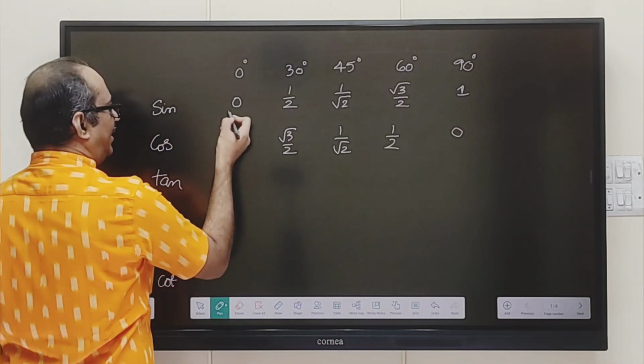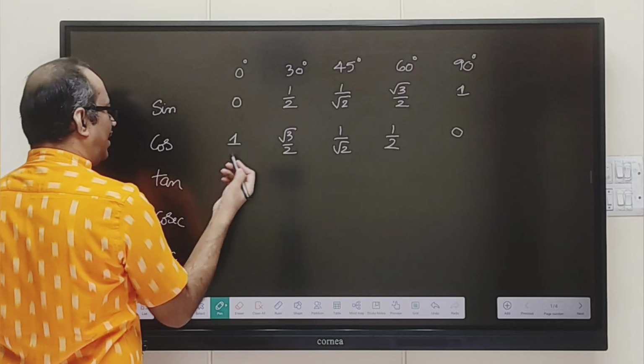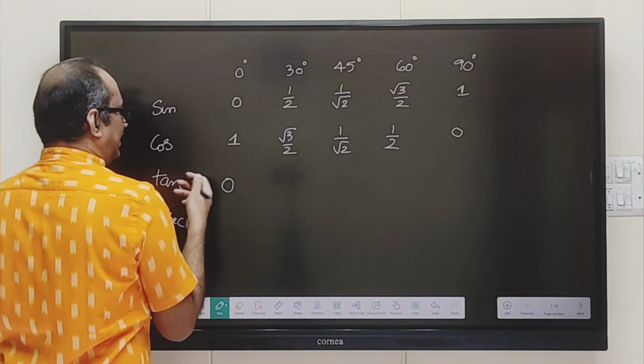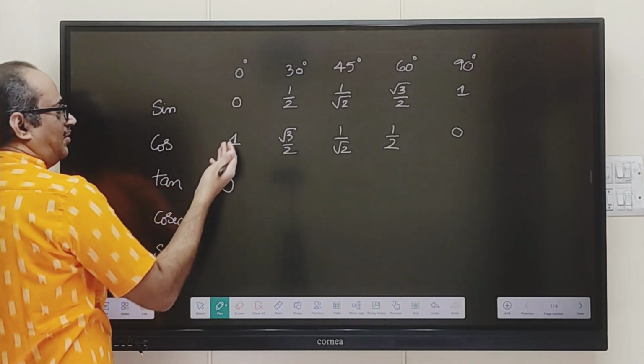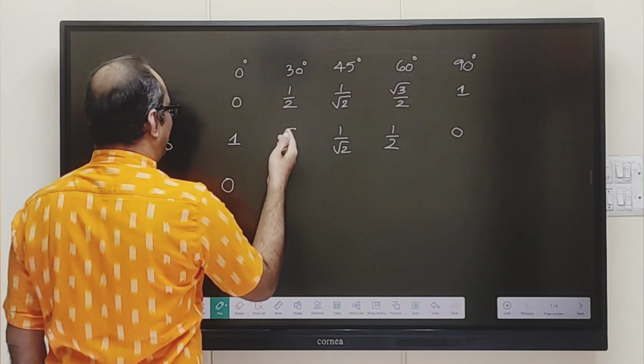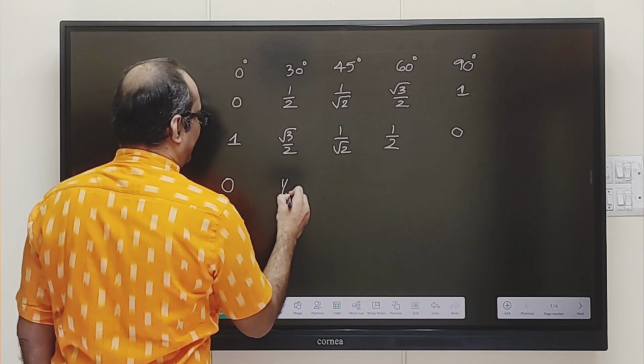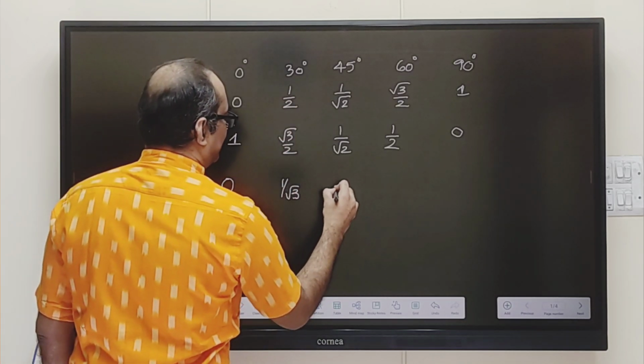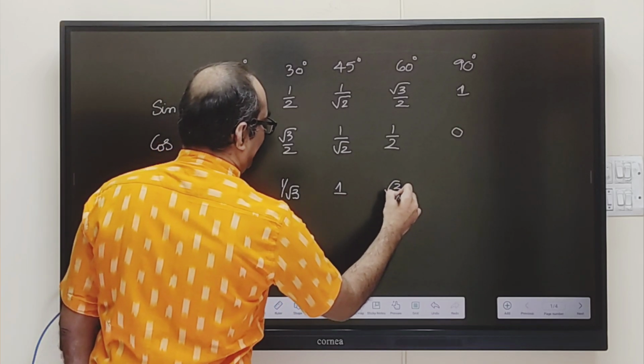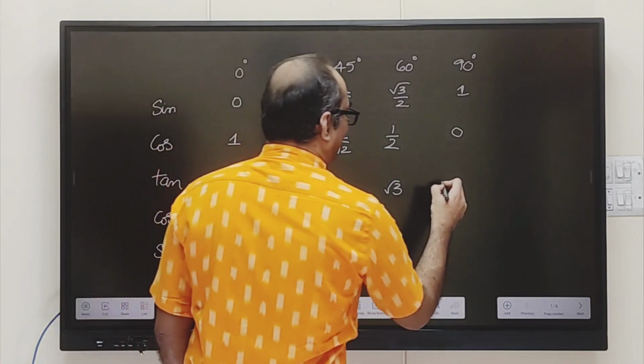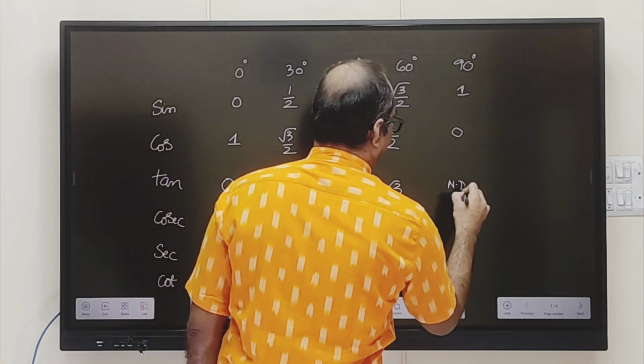When you go to tan, tan is nothing but sine by cos. Tan 0 is 0. Tan 30 degrees is sine 30 divided by cos 30, 1 by root 3. Tan 45 is 1, tan 60 is root 3. Tan 90 degrees is 1 by 0, which is not defined.